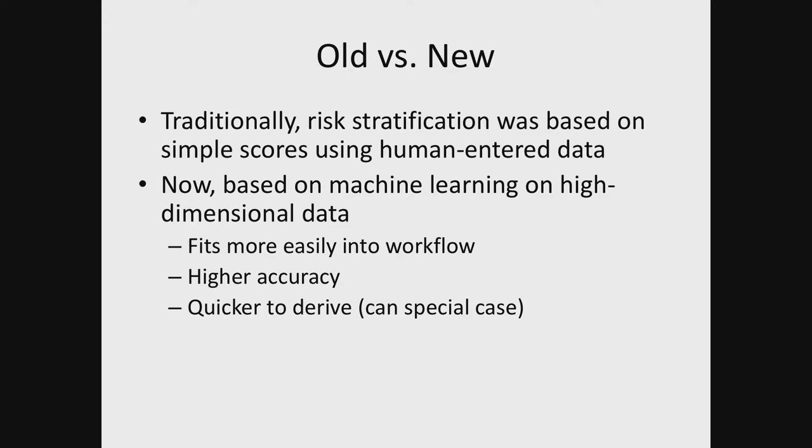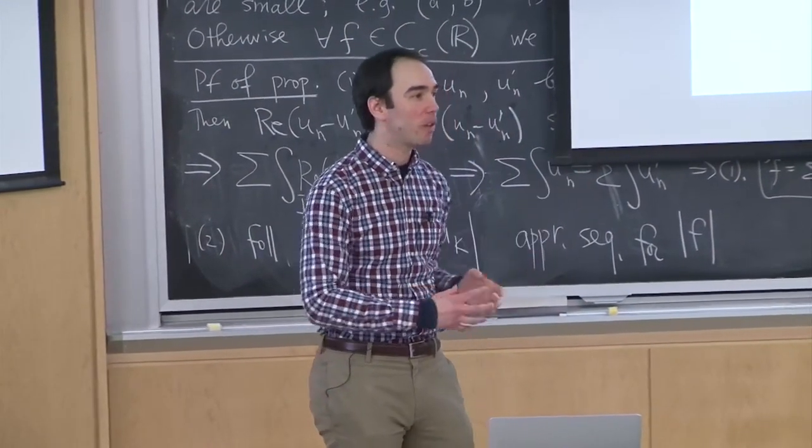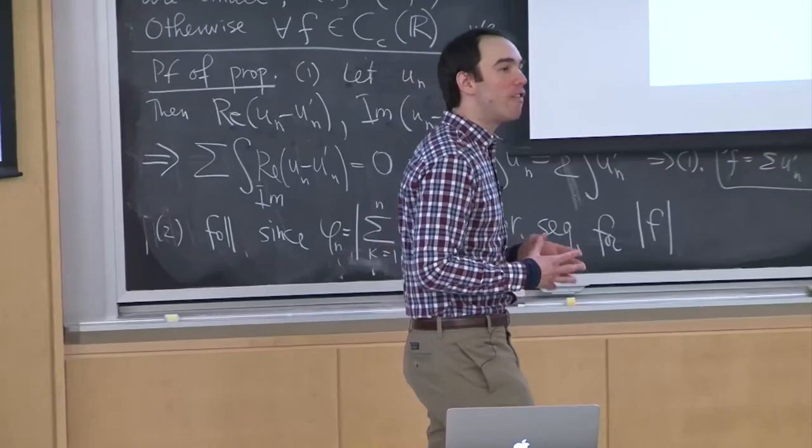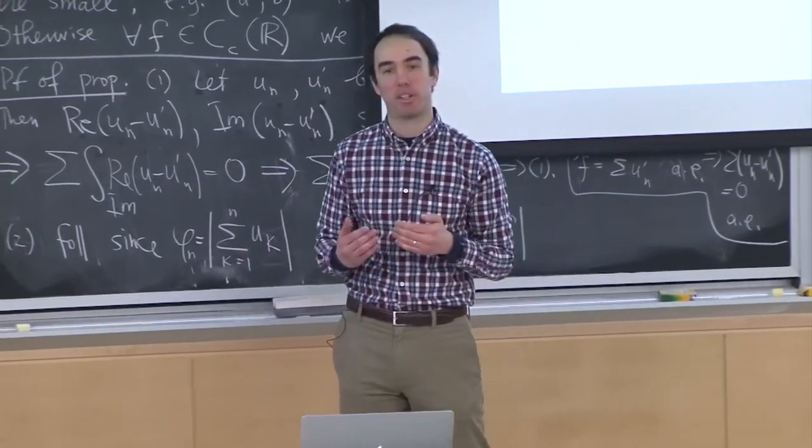Second, the new machine learning approaches can get higher accuracy, potentially, due to their ability to use many more features than the traditional approaches. And finally, they can be much quicker to derive. So all of the traditional scoring systems had a very long research and development process that led to their adoption.